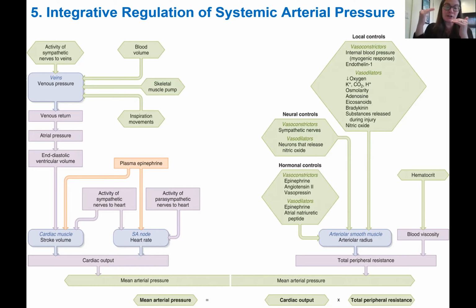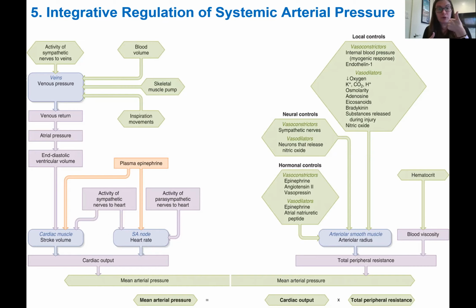That mean arterial pressure across the arteries is the combination of cardiac output from the heart times the total peripheral resistance. And they're both directly related to mean arterial pressure. So if total peripheral resistance goes up, mean arterial pressure goes up.